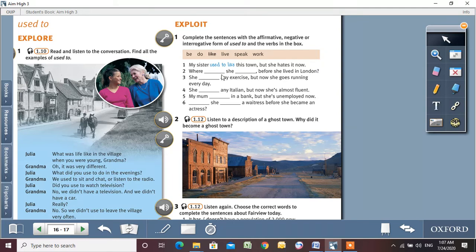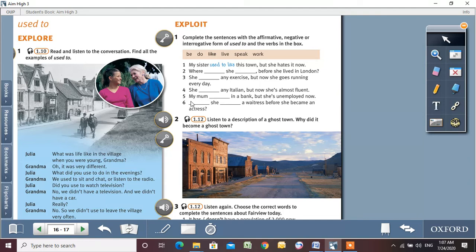Where did she use to live before she lived in London? 3. She didn't use to do any exercise, but now she goes running every day. 4. She didn't use to speak any Italian, but now she's almost fluent.